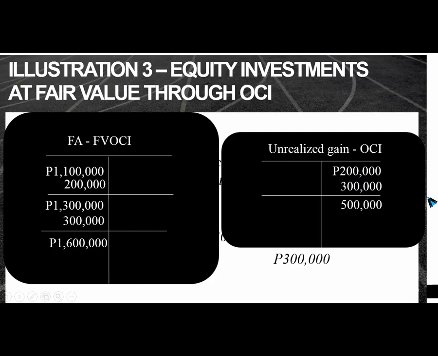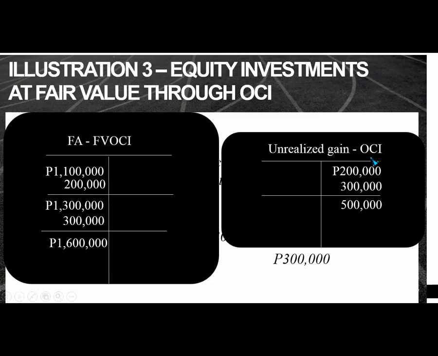yung cumulative na balanse. Okay, so usually kasagara sa MCQ, manguta na siya at how much should be reported as unrealized gain OCI in your statement of comprehensive income or in your OCI, no? Then the answer would be 300,000.